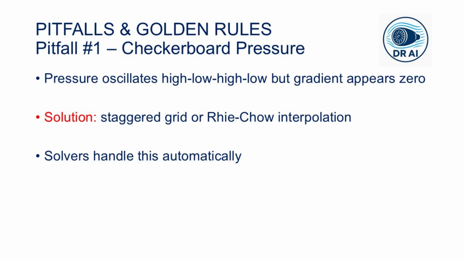The solver thinks the pressure is constant, but it is actually oscillating widely. This is the checkerboard problem. The solution is to use a staggered grid, with velocity stored at the cell faces and pressure at the cell centers, or to add a range of interpolation to introduce a tiny amount of coupling. All commercial solvers do this invisibly.